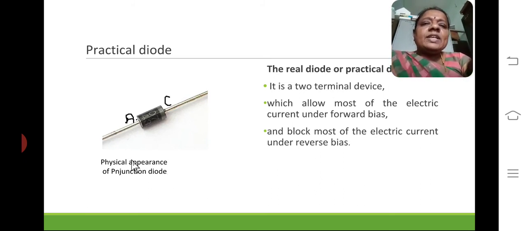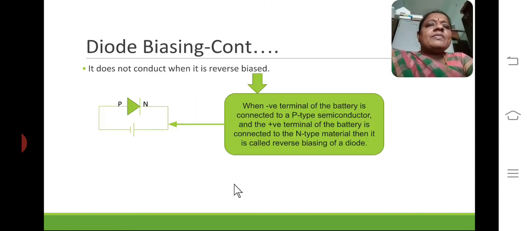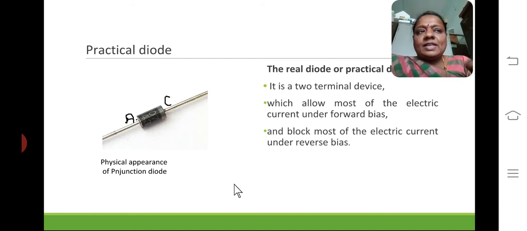Okay, what I told, it is a two-terminal semiconductor device. Another thing is that it conducts most of the electric current in forward bias, whereas in reverse bias it blocks almost all the electric current, but a small current is there, and that too is due to minority carriers.